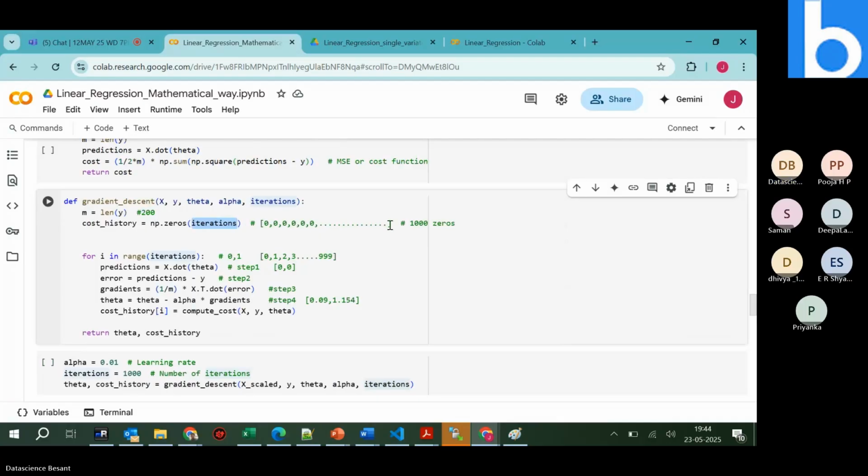Agree? Till this point, any doubts? No. For i in range(iterations): the iterations value is 1000, so it will run from 0 to 999, correct? Yes. I also clearly mentioned that here.